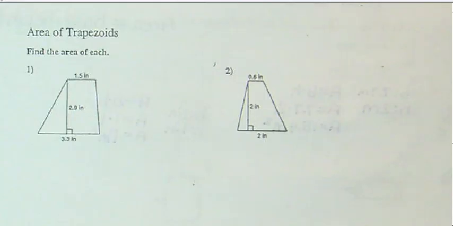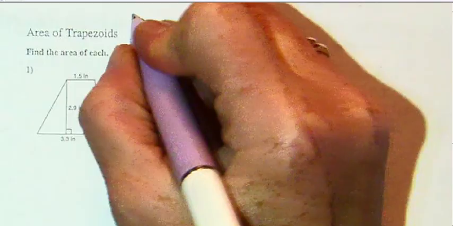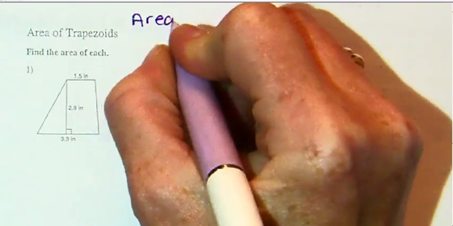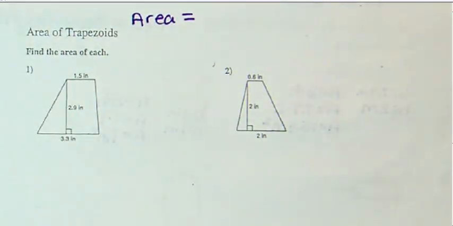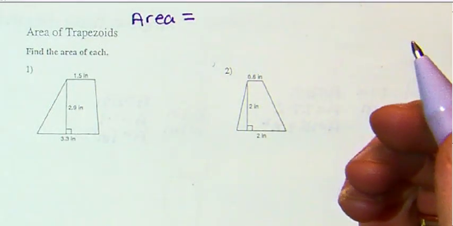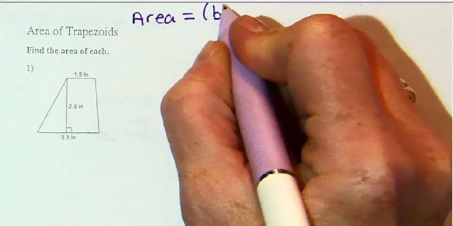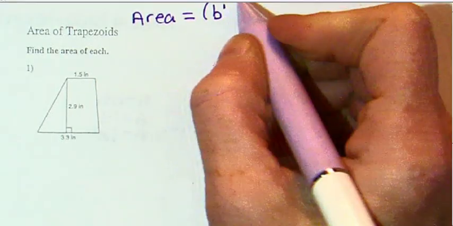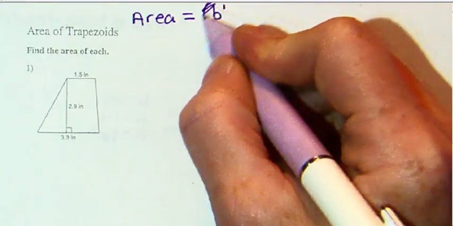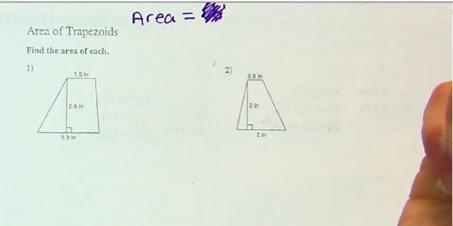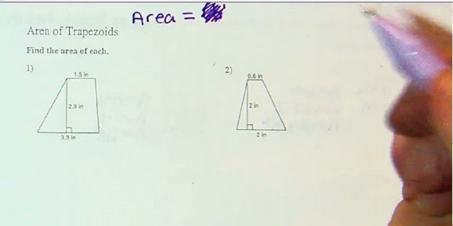For area of a trapezoid, your formula is going to be area equals base 1. Let's write this a little bit neater. Hold on one second. All right, I'm going to reword the way I have you do this.